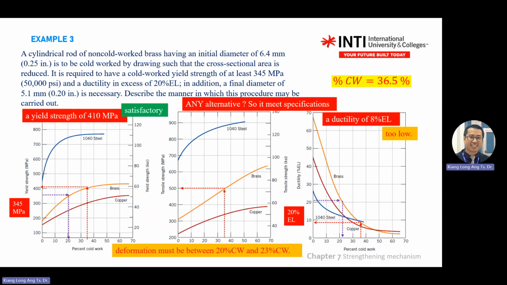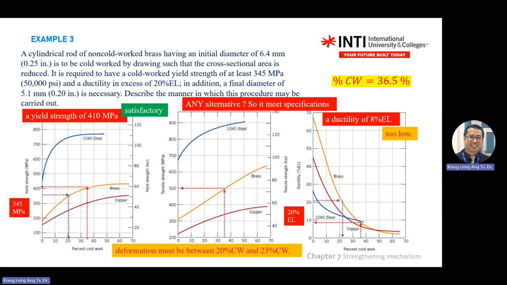It means you take what you find here, customer 120% elongation, because this spec fails. So you start from 20%. The location is also wrong for my purple arrow. So 20%, you get 20 something, then you move up, you meet the brass, move to the left, you get 345 megapascal.